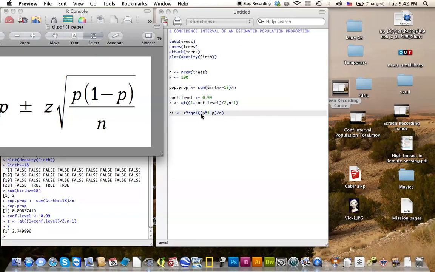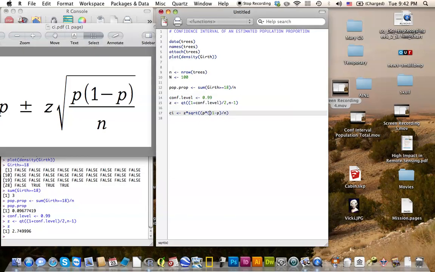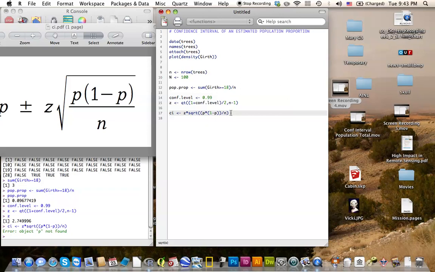Z times the square root of p times 1 minus p, does that look right? Z times the square root. That's right, isn't it? We'll just call that P.